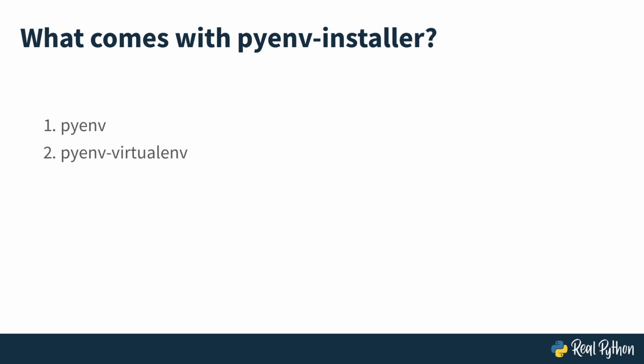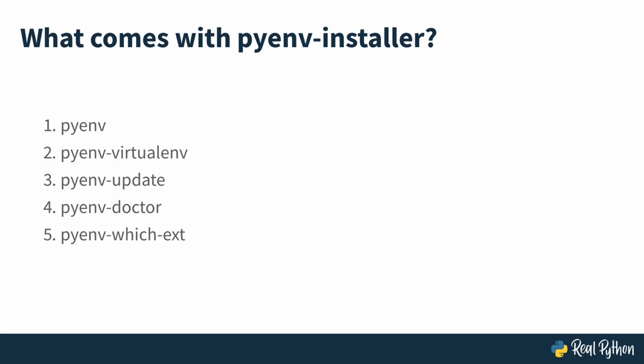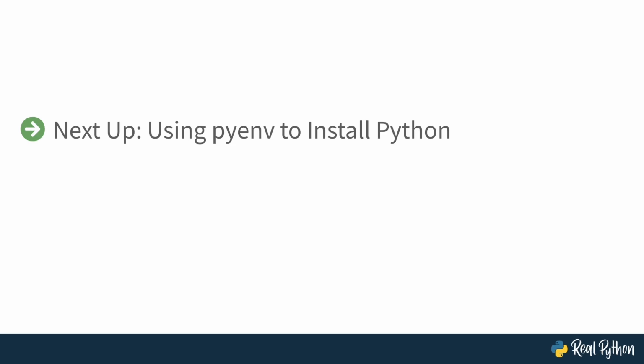You will learn more about this plugin later in this course. pyenv-update, which is a plugin for updating pyenv itself and all pyenv plugins. pyenv-doctor, a plugin to verify that pyenv and build dependencies are installed. And finally, pyenv-which-ext, a plugin to automatically look up system commands. Now that everything is set up, let's continue with installing a Python version using pyenv in the next lesson.